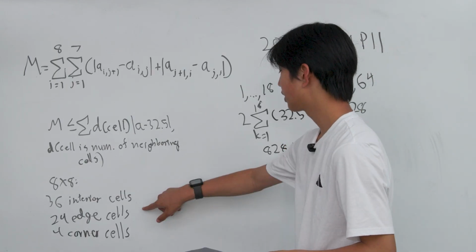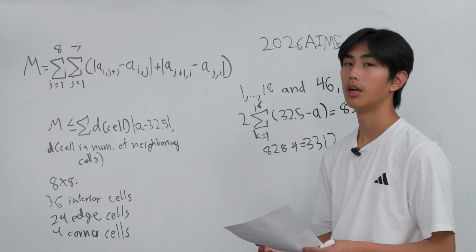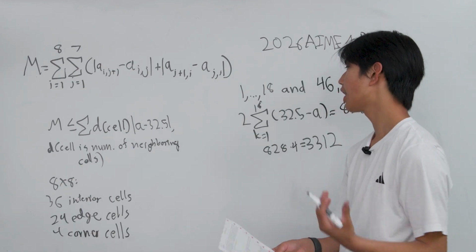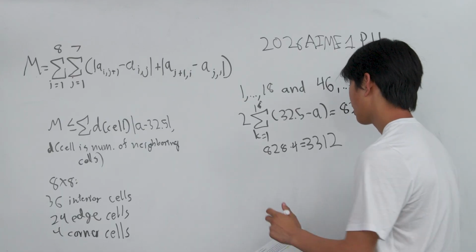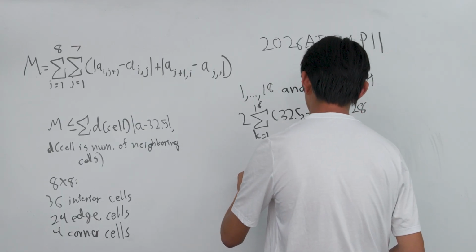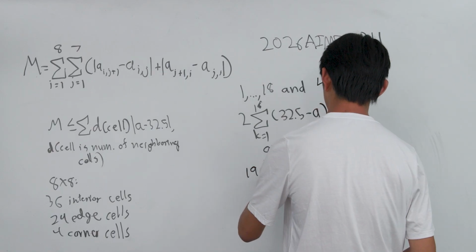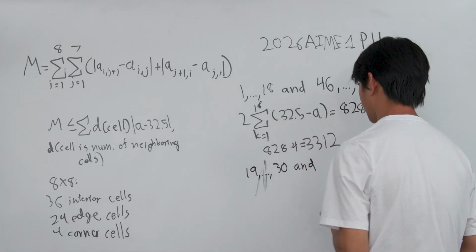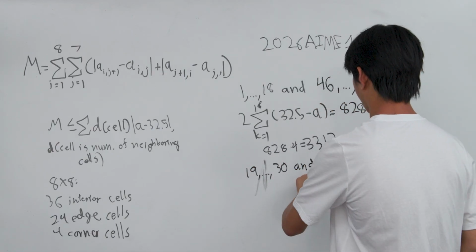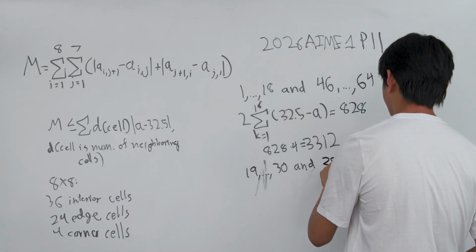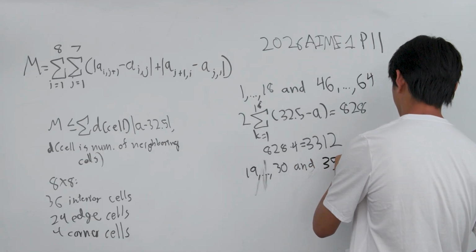Our next numbers will be our 24 edge cells, where it is split into 12 numbers in the lower half and 12 numbers in the higher half. So we will have 19 to 30, and 35 to 46.